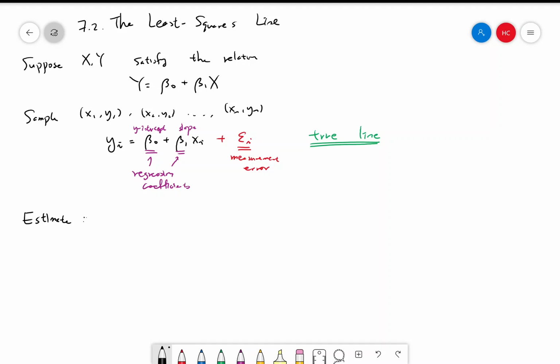So the alternative is we will find an estimate for the line, which is yi equals beta 0 hat plus beta 1 hat xi plus ei. Beta 0 hat and beta 1 hat are called the least square coefficients, and ei is called the residual.